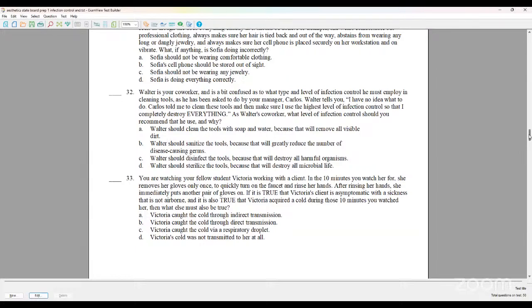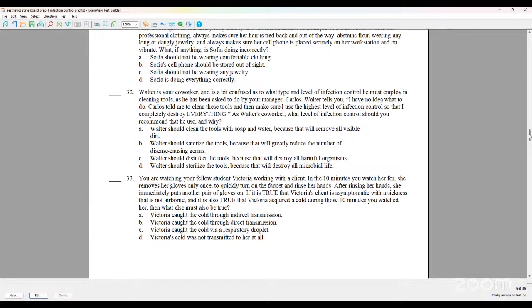C, Walter should disinfect the tools because that will destroy all harmful organisms. That's disinfection. D, Walter should sterilize the tools because that will destroy all microbial life. What do you guys think? A, B, C, or D?